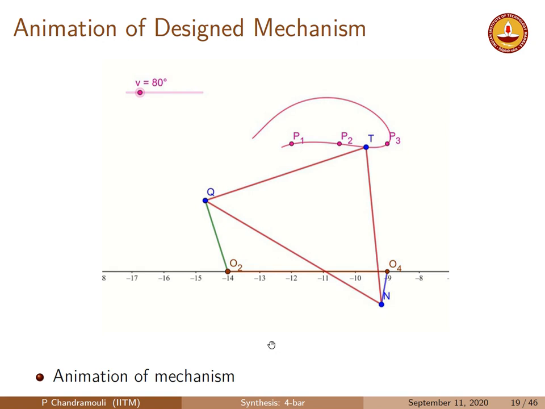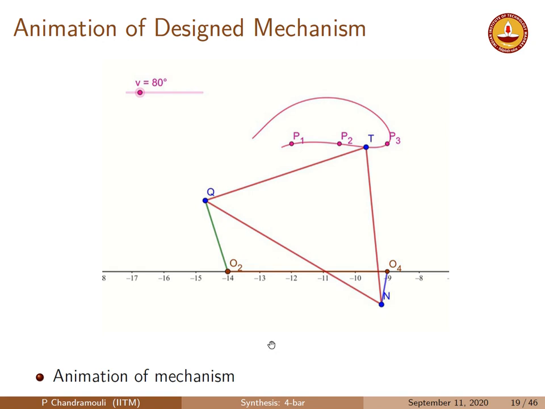We also chose the crank length and the initial crank position at 1. And then from there worked out where the other floating pivot should be located. So we went through the construction and came up with where the floating pivot should be located.